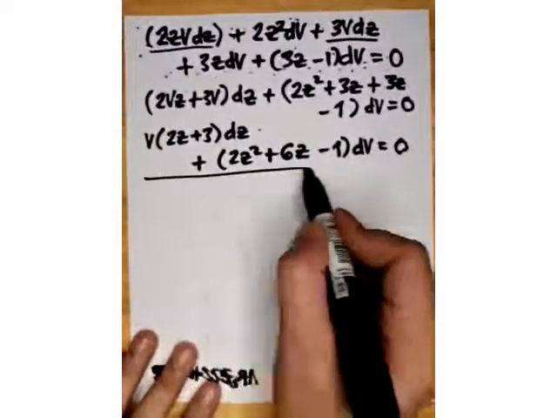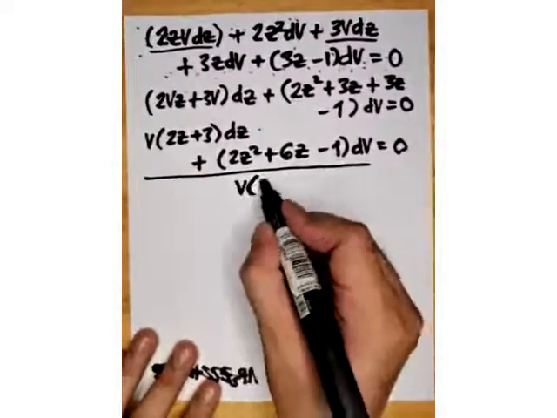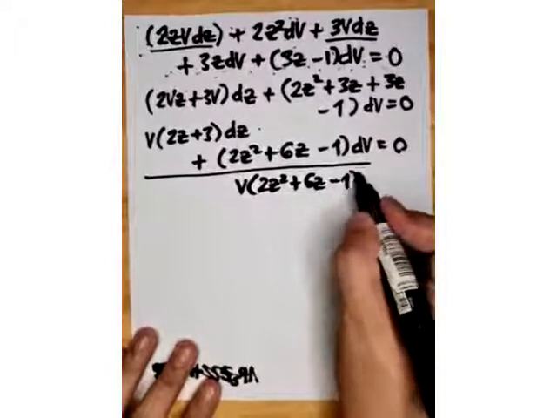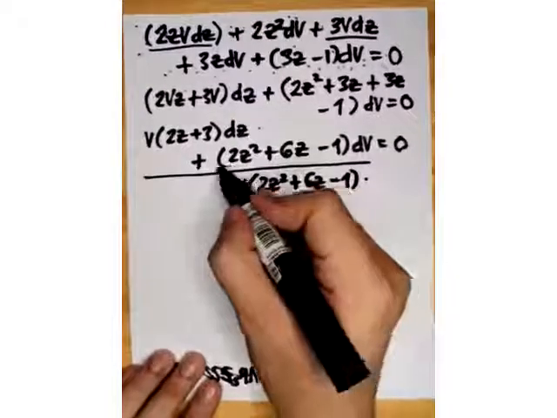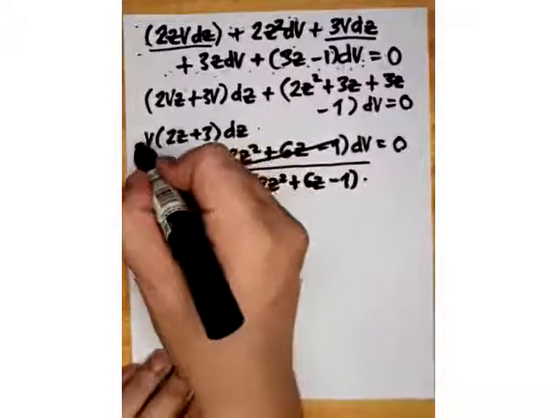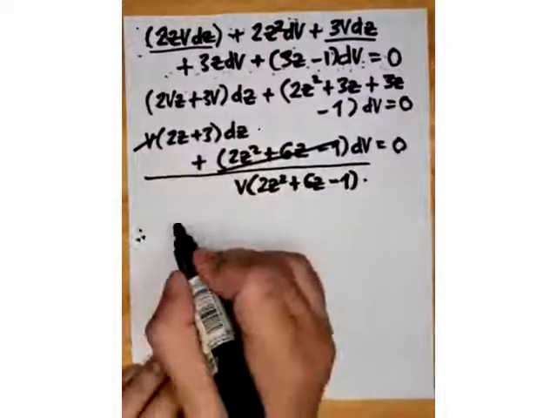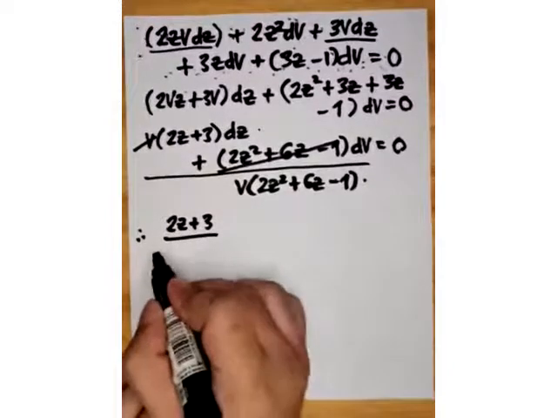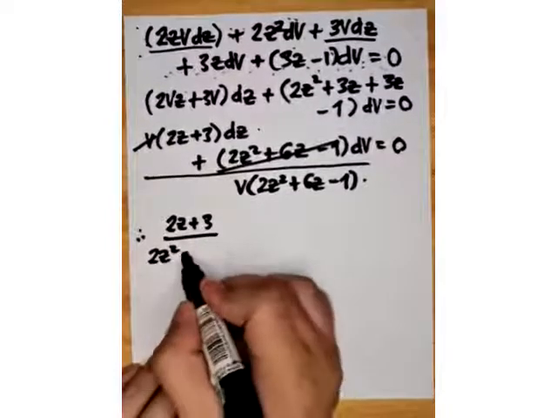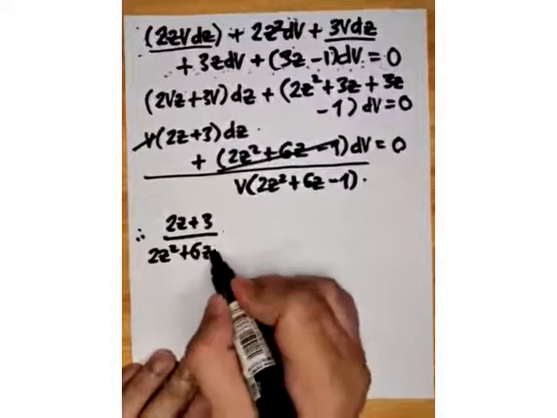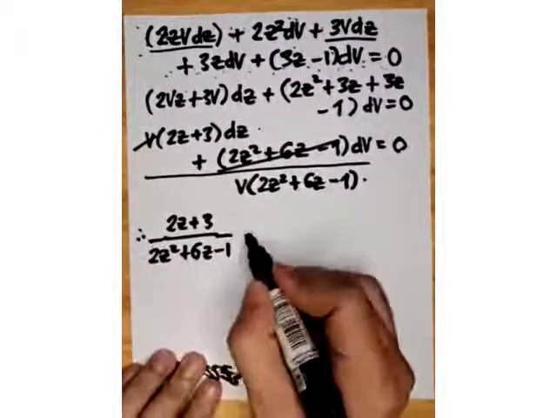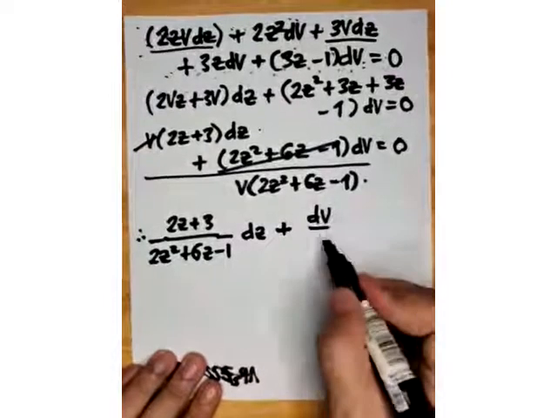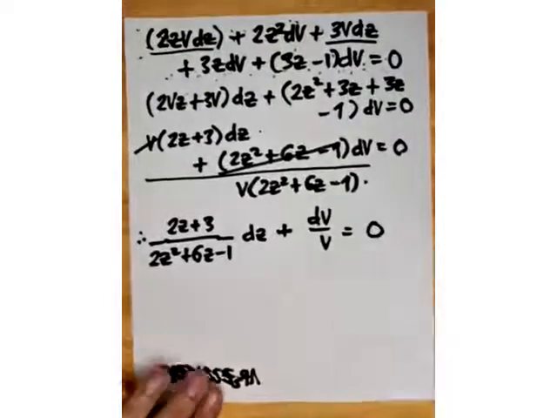So, divide natin ito ng v times 2z squared plus 6z minus 1. Yon. So, cancel ito. And then, cancel din yun. So, therefore, we'll have 2z plus 3 over 2z squared plus 6z minus 1 dz plus dv over v is equal to 0.